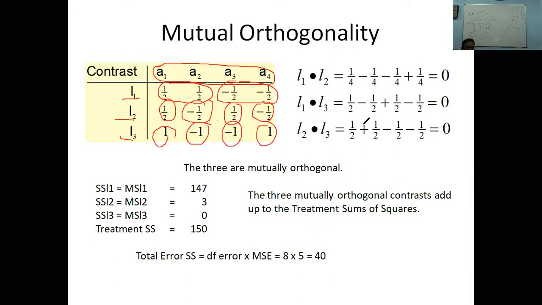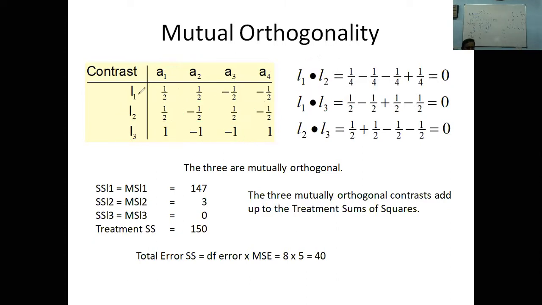Clear? Right. Now, after putting all these contrasts, you can multiply their coefficients, right? So in the second step, we are multiplying the coefficients, L1 into L2. If you multiply this, that is 1 over 4. If you multiply this, that is minus 1 over 4.